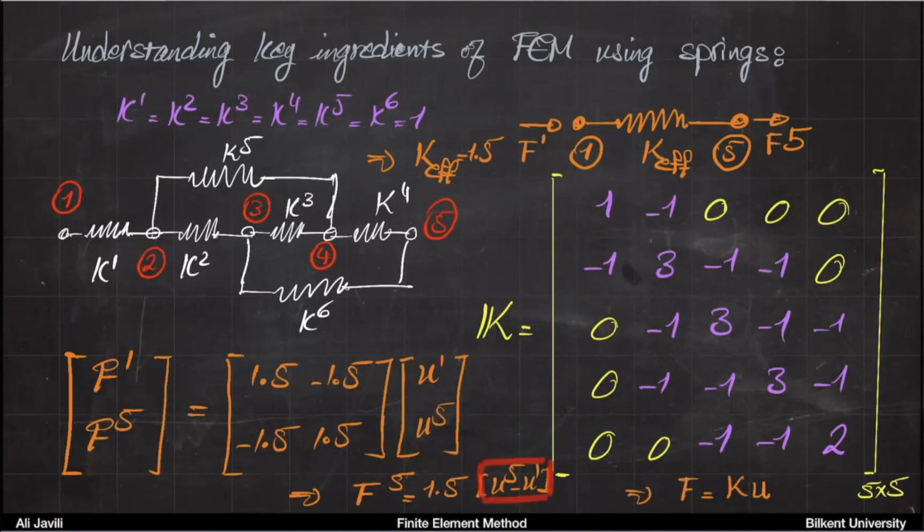That change of length, delta U, is U5 minus U1. So the effective stiffness of the system in this case is 1.5. Okay, so we answered that question too. All right, so let me just sort of go back to where we started this.